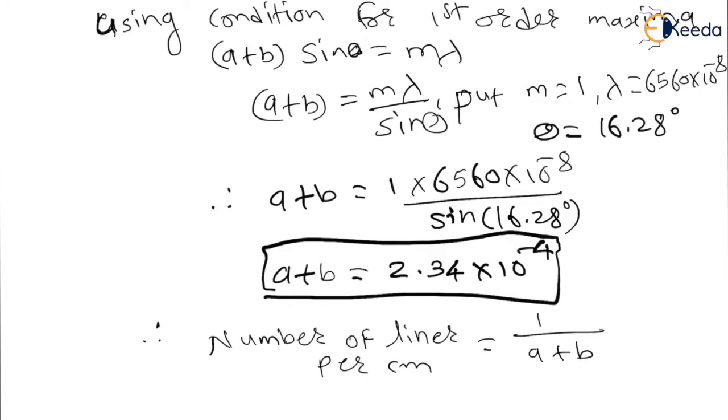So put the value here, 1 upon 2.34 into 10 raised to minus 4. Now, is it asked to find number of lines per centimeter? No, it is asked to find the total number of lines on the grating, and grating is of 2 centimeter width. So use this number of lines per centimeter and multiply it by width of the slit.